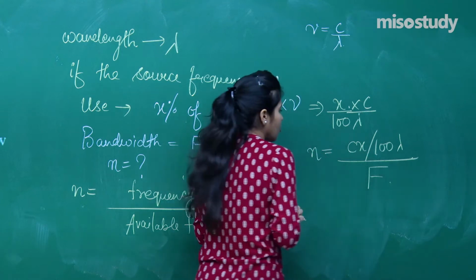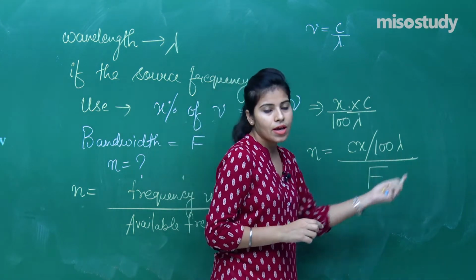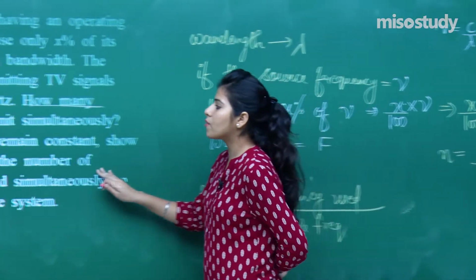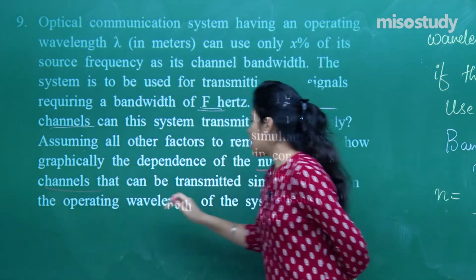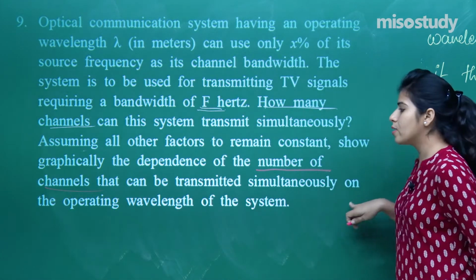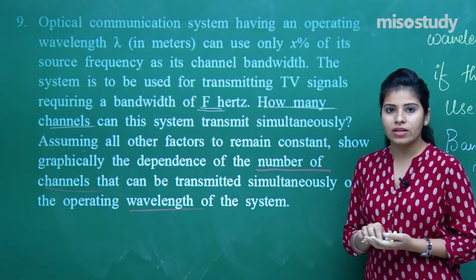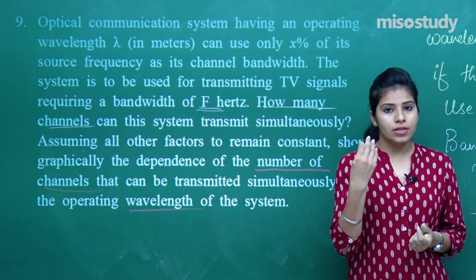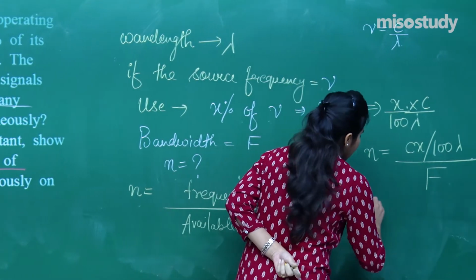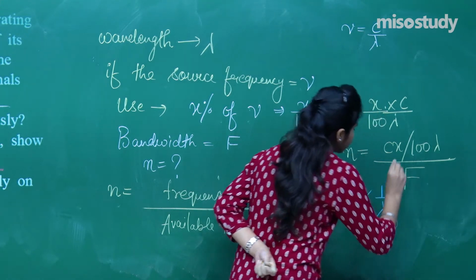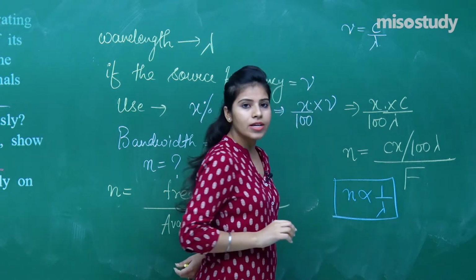Now see, we are having the relation in terms of number of channels and wavelength, and in the question we have been told that we have to show the dependence of the number of channels that can be transmitted simultaneously on the operating wavelength. So wavelength and the number of channels, we have to draw the graph and show them. So here you can say n is inversely proportional to lambda, right? Inversely proportional.